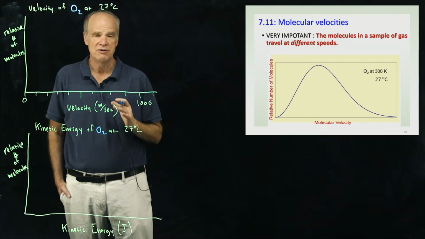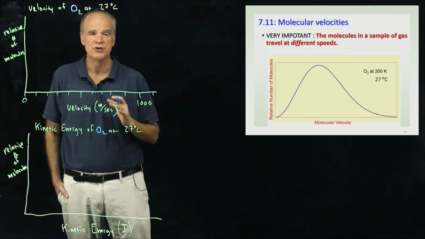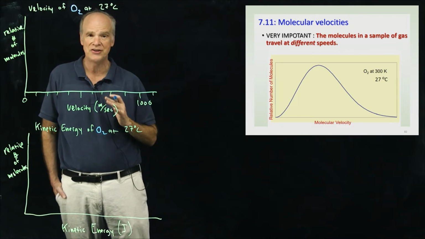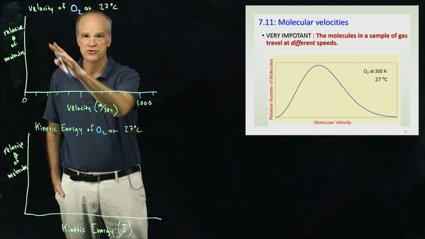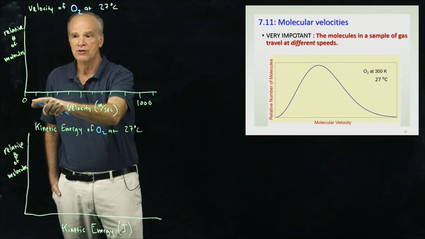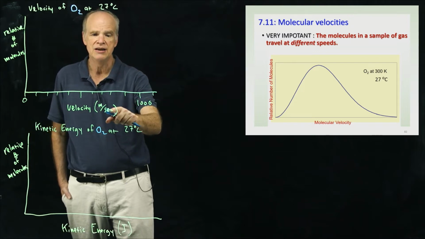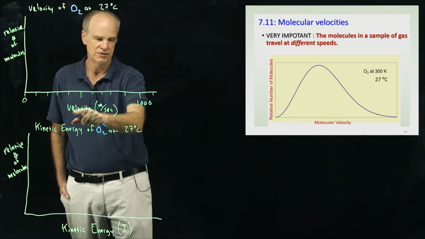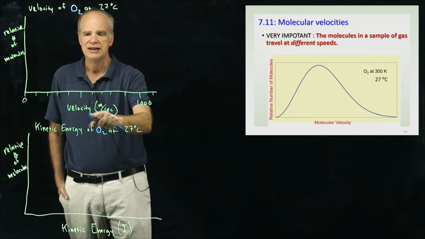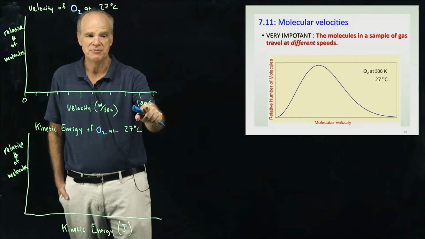So what I want to do now is draw a graph of the speeds or velocities of oxygen molecules at a particular temperature. On the x-axis I have increasing speed in meters per second. You can call it velocity if you want, and it goes out to say 1,000 meters per second.